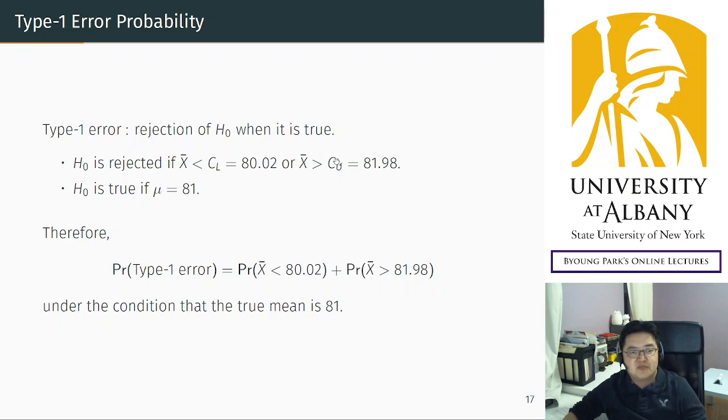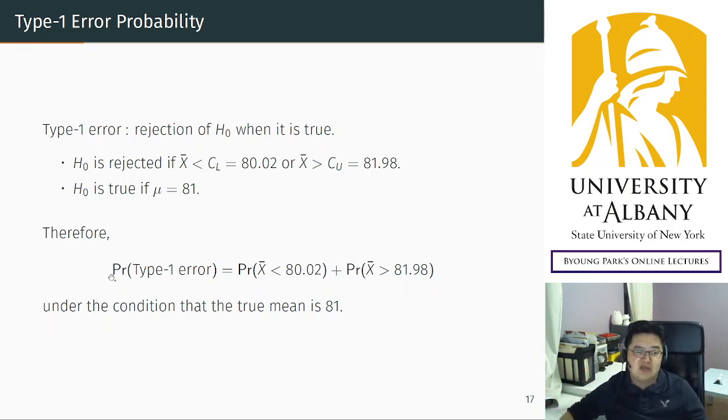So you know when the null hypothesis is rejected. And when the null hypothesis is true, that means the true mean is 81. But sometimes due to randomness, your sample average may be too small or too large. How likely is that?